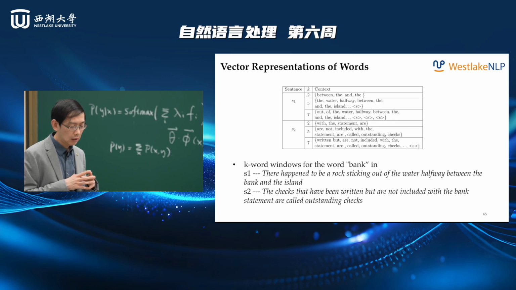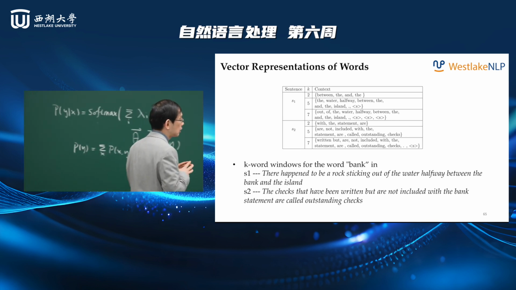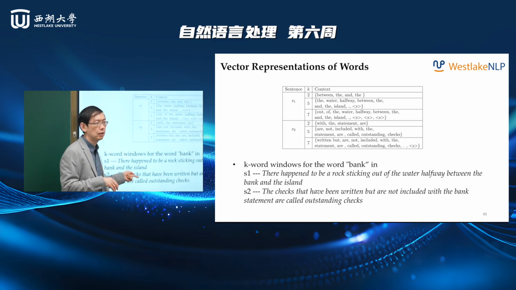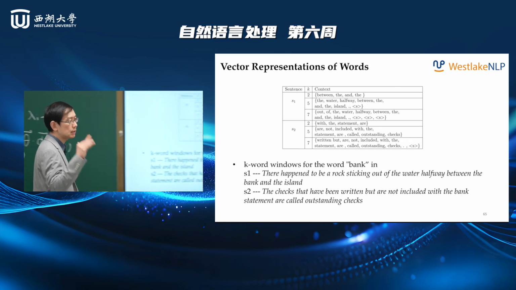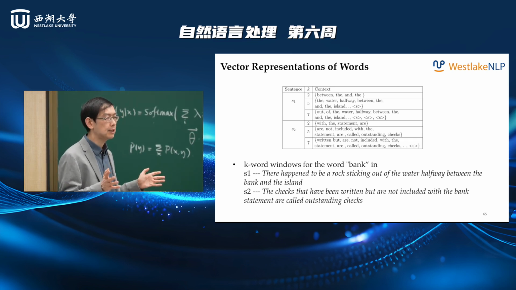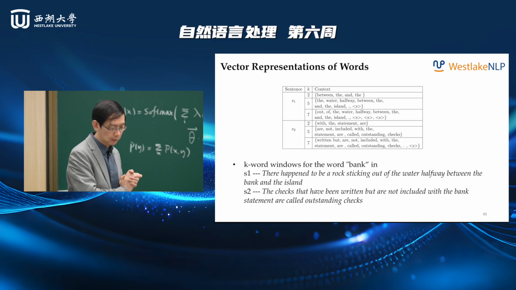I showed you the k-word context of the word bank in these 2 sentences as k varies. This is easy to understand. When I have a corpus, I just accumulate the count of every word in a k-word window to a current word, to represent the current word.